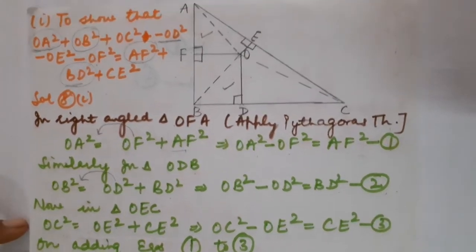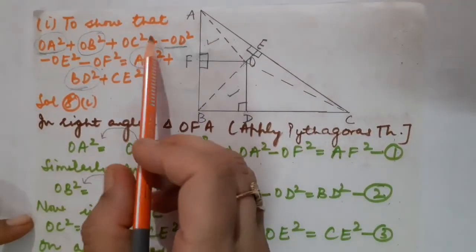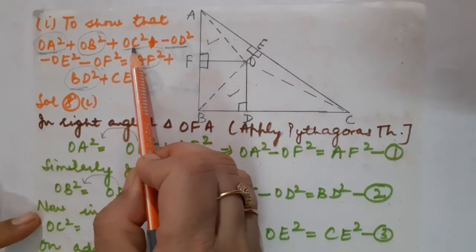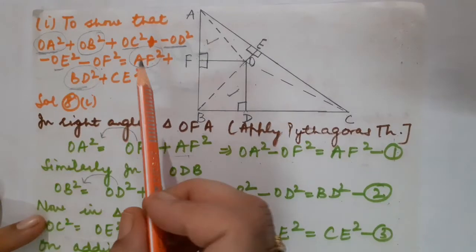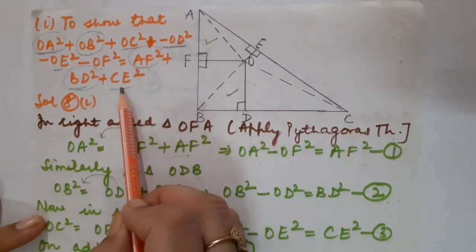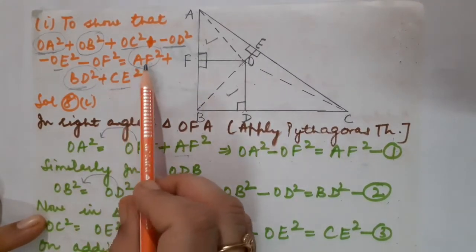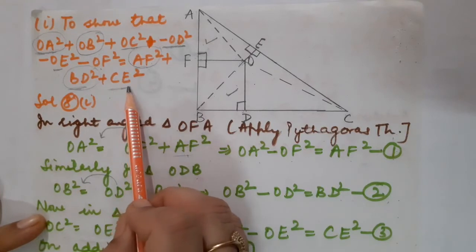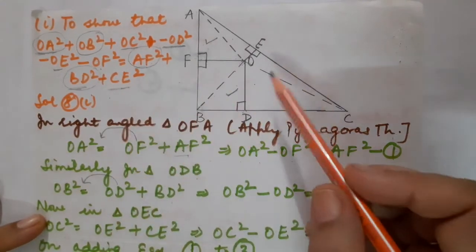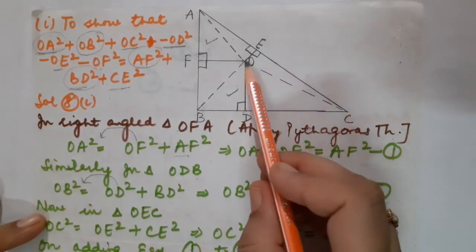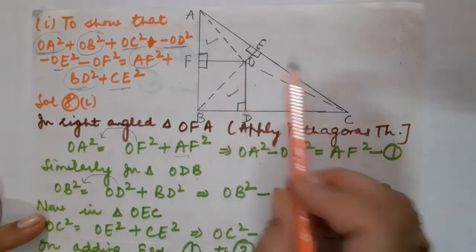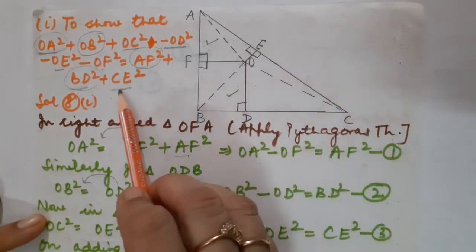Now again reach on to prove. I observed here that OC square is present with OE square as well as CE square is also present on right hand side. So these three sides will help us to choose the appropriate right angle triangle. So which right angle triangle I should choose? I should choose OEC, because in it CE is present, which I require.